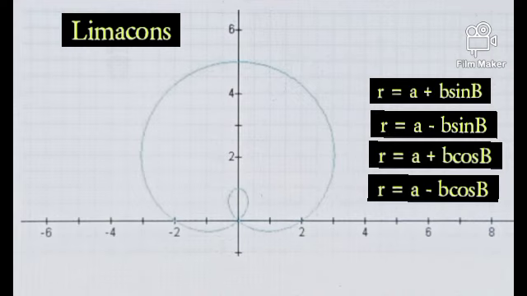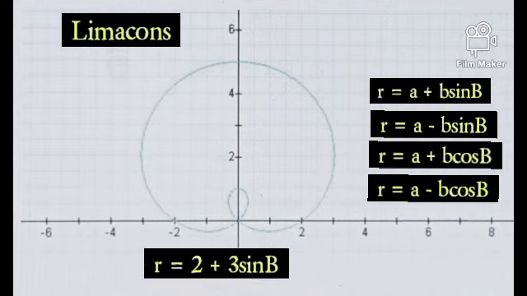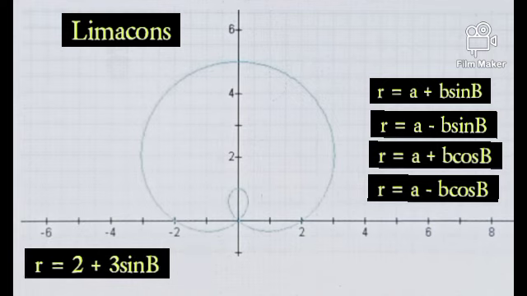Some limacons are given special names depending on the values of a and b. The graph shown in the diagram represents the graph of a polar equation r = 2 + 3 sin θ.